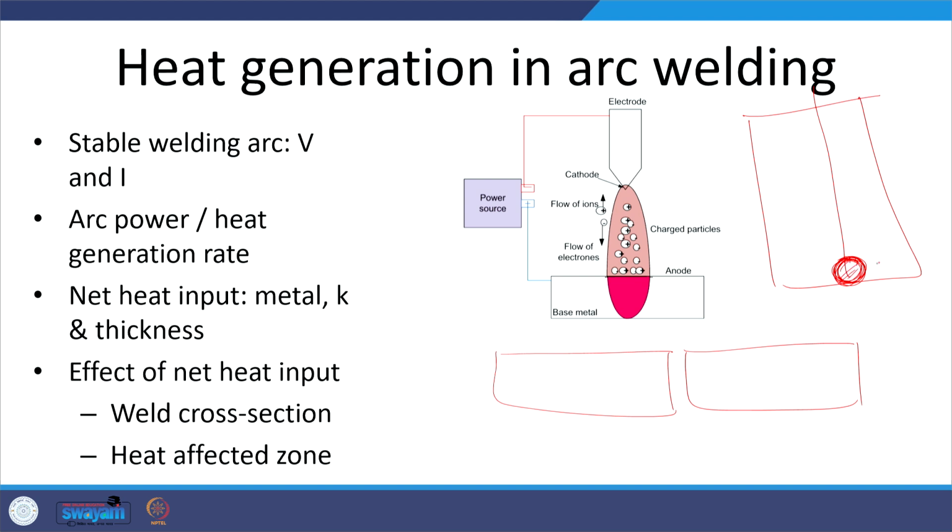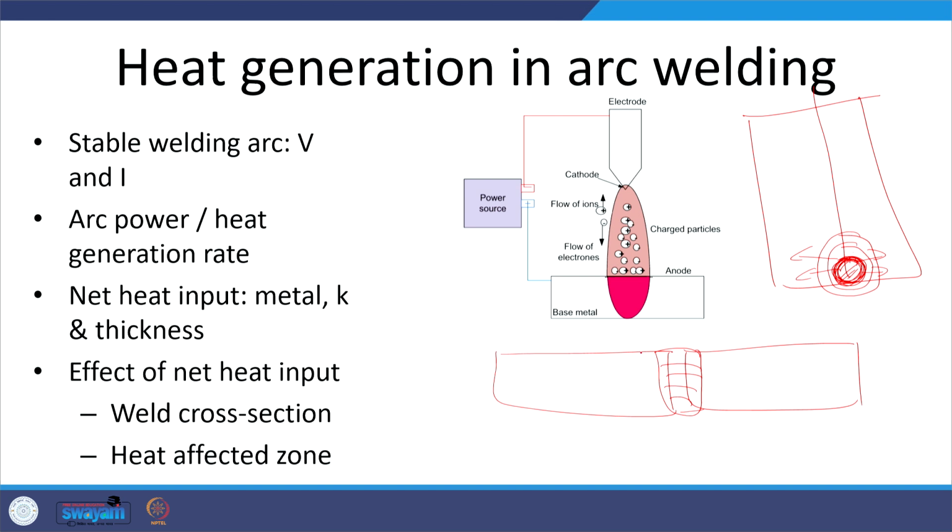If we are moving very slowly, then a lot of heat will be dissipated to the underlying base metal, and when heat is continuously delivered at one location, the melted area will be increasing. This means if we are using less heat input, then the weld zone size is narrow, and the weld cross sectional area is small.